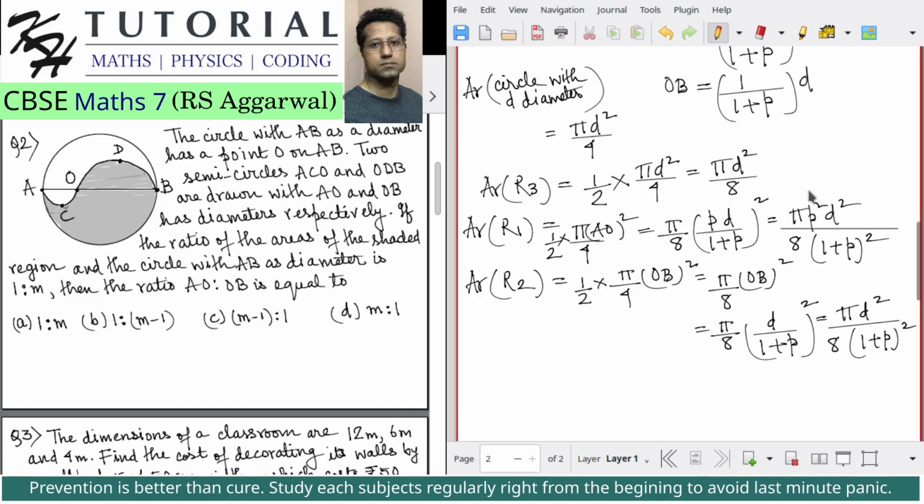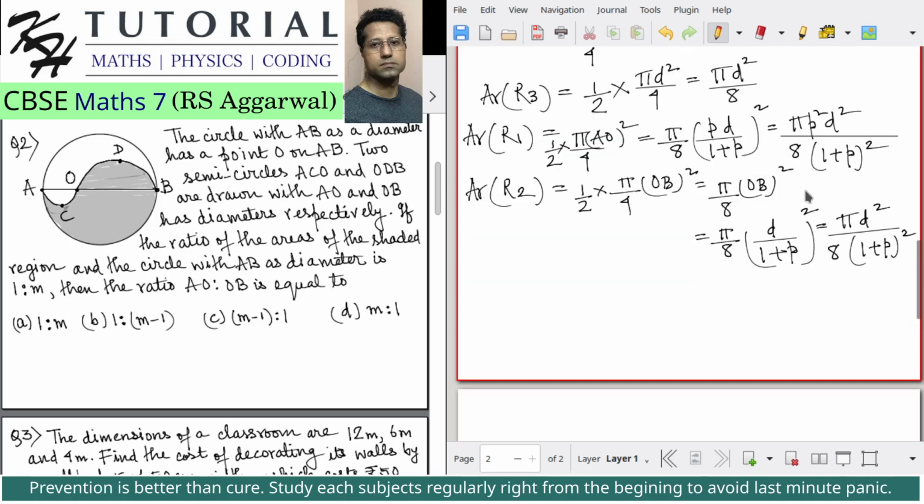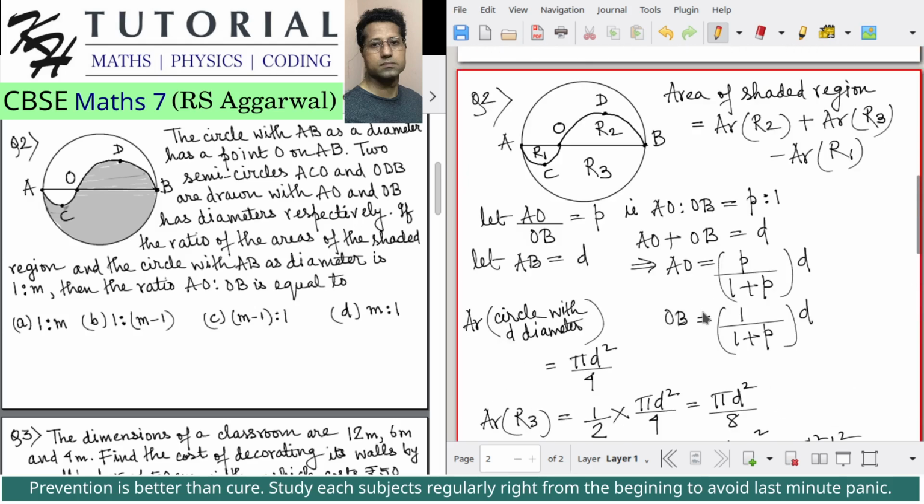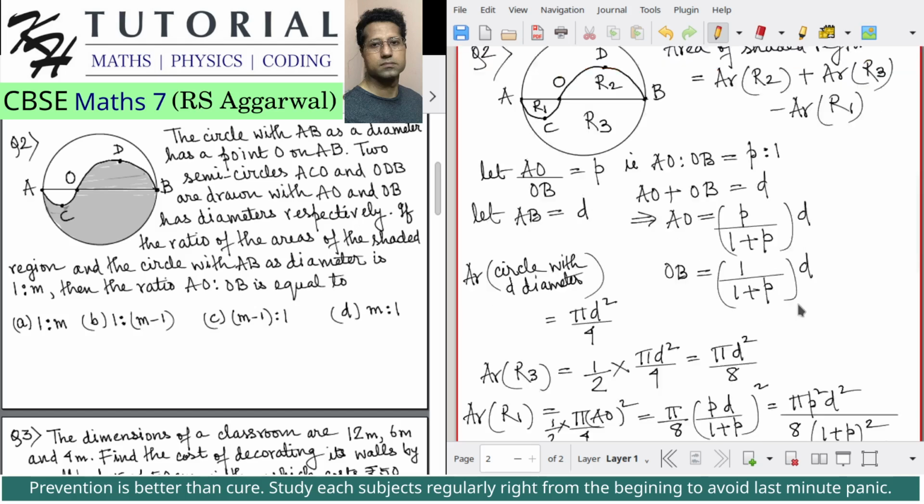Now, what is the area of the shaded region? The area of the shaded region was area of R2 plus area of R3 minus area of R1.